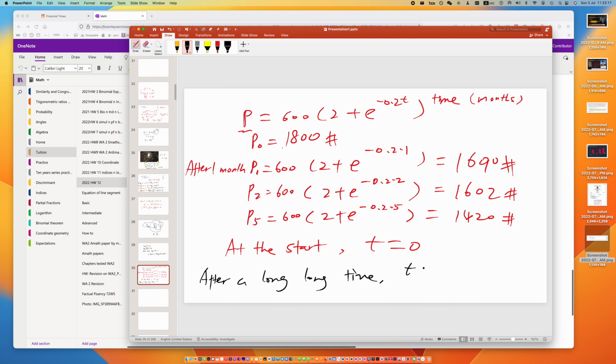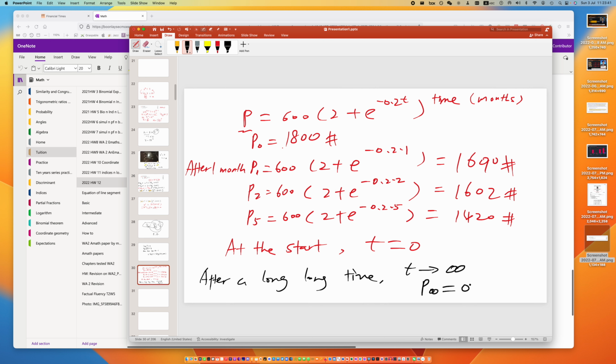Like t equals maybe a million years, or let's say X. I would say infinity. So what will happen to the population at infinity? 0. Why? Because it keeps decreasing. Okay, you can say it's 0, but how do you justify it's 0?